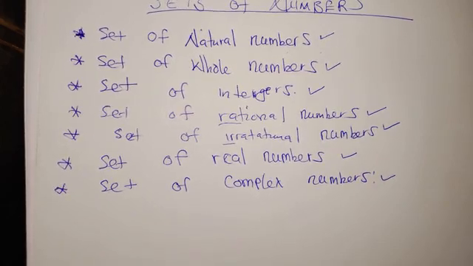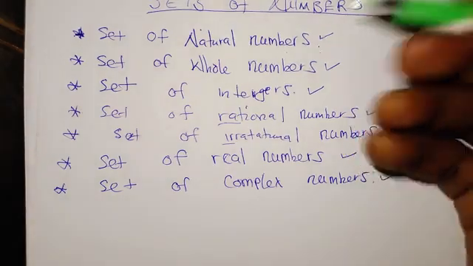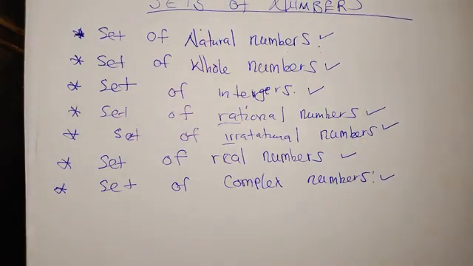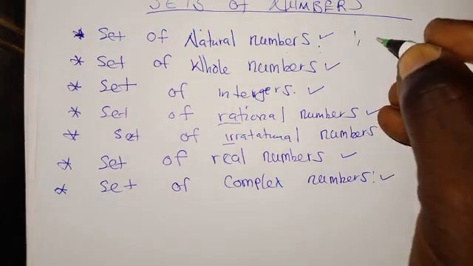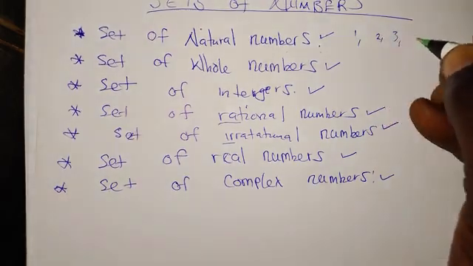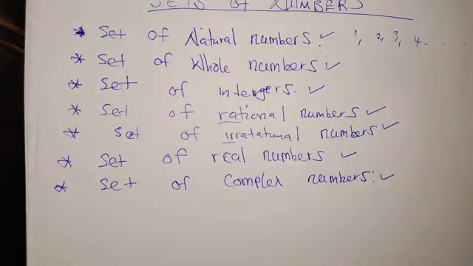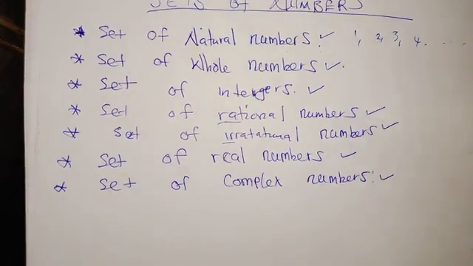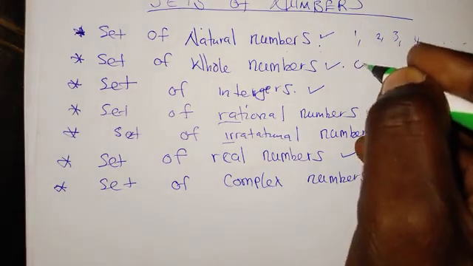So basically, we are supposed to be able to understand that natural numbers are just simply counting numbers starting from 1. Numbers like 1, 2, 3, 4. These are natural numbers. But when it comes to whole numbers, these are counting numbers, but in this case, we're trying to include 0.